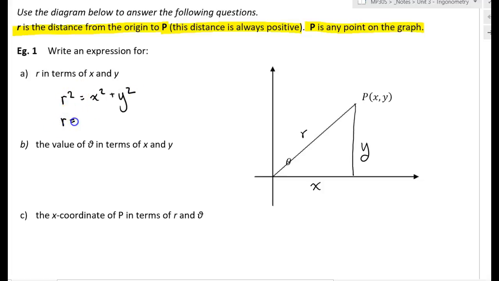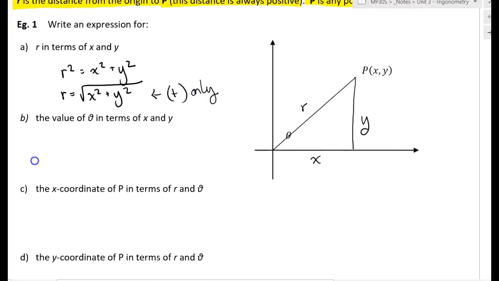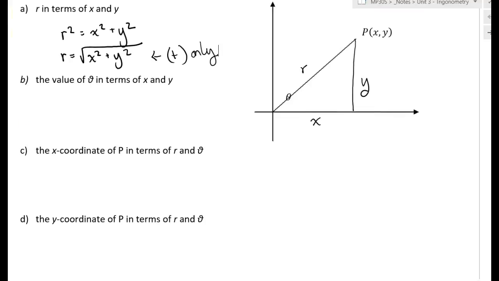Or you could even rewrite it just in terms of r: we would take the square root of x squared plus y squared. Now remember, if we do this, we are always using the positive value. Never talk about a negative distance, because we're talking about distance, not displacement if you're in physics.